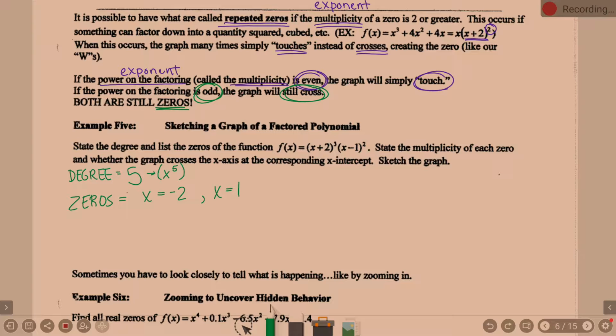Now, the next question it asks is for multiplicity. So, for the 0 of -2, what is the multiplicity of that 0?